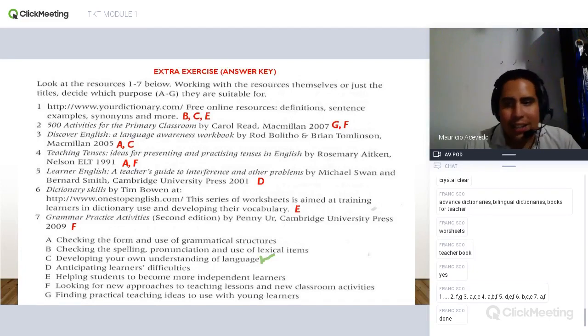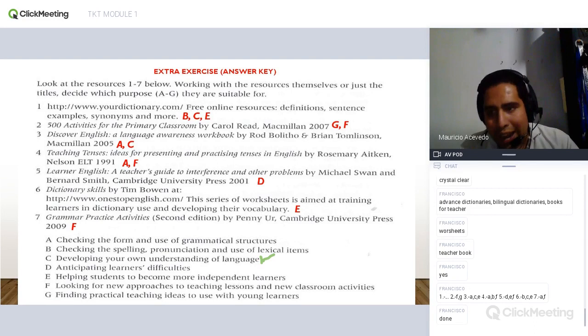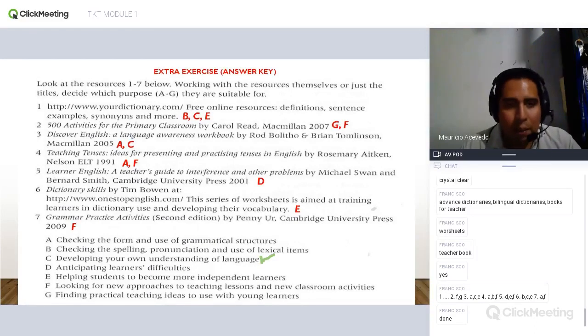And finally, number seven is letter F, and you wrote A at the same time. Grammar practice activities, it is a grammar book. So it's more with approaches to teaching lessons of new classroom activities because it says grammar practice activities.